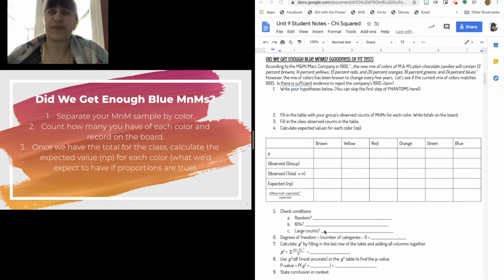Okay, so up to this point, we've been really comparing 2 different things, right? Like one sample with a population, or we would compare a population proportion to a sample proportion. But a lot of the time, things are not going to fit into just 2 categories, right? Like either it is or it isn't.